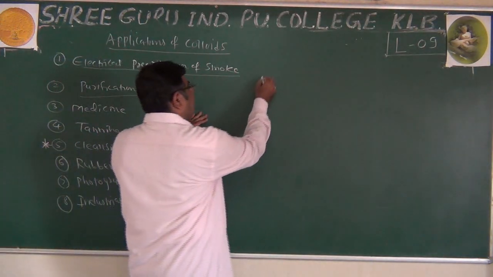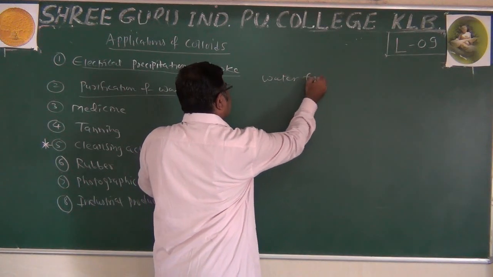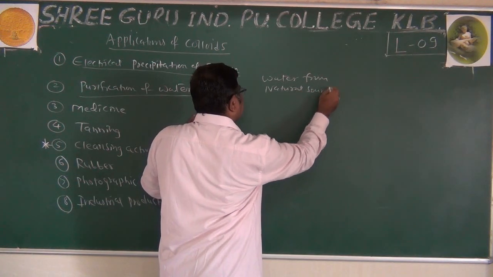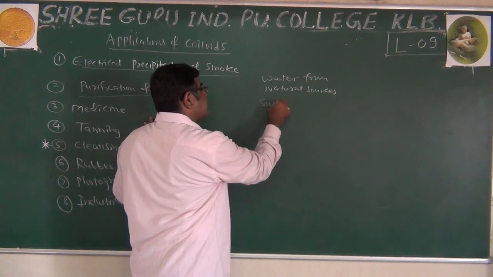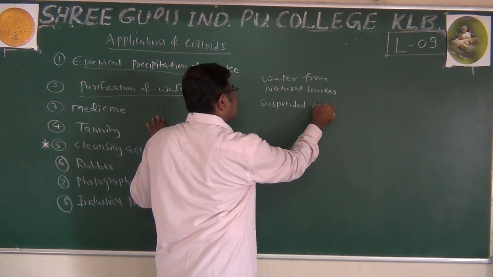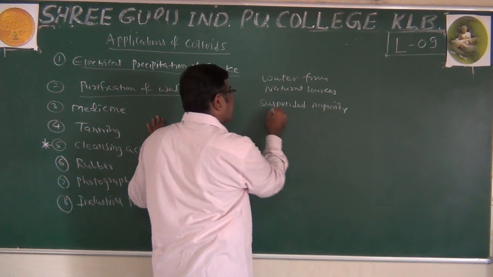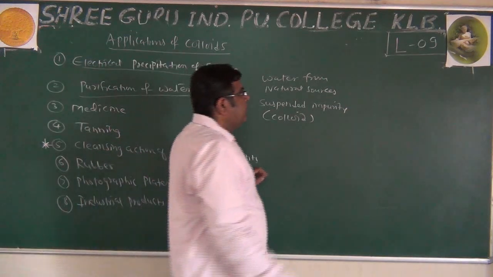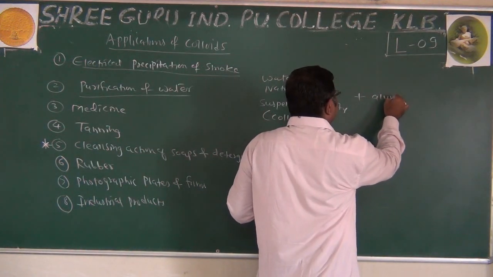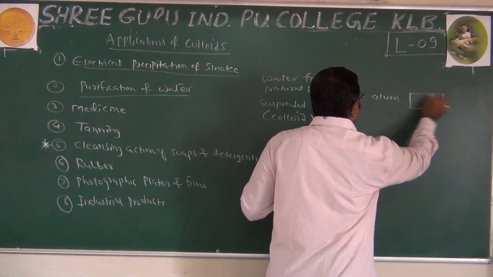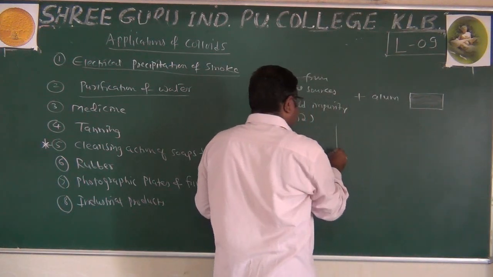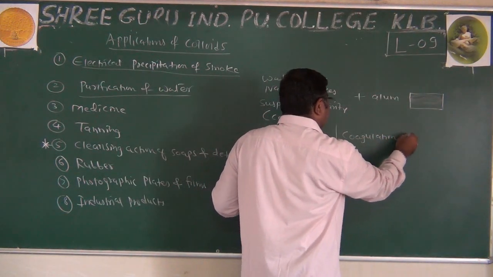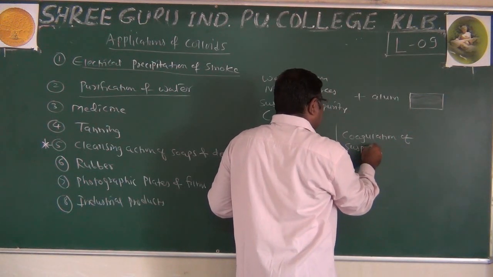The water obtained from natural sources has suspended impurities. Suspended impurity is nothing but colloids. It is treated with alum, that's a small white type of crystal, and there is coagulation of suspended impurities.